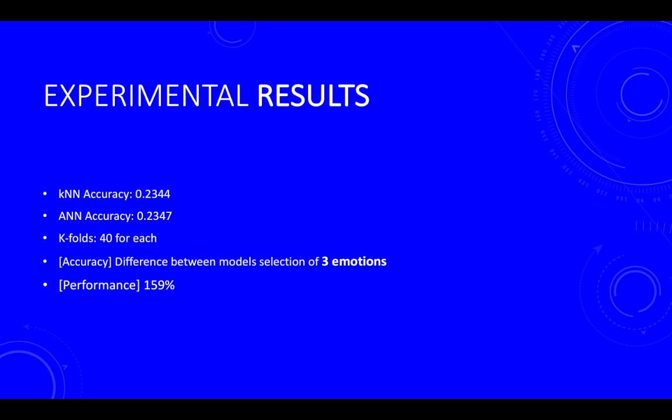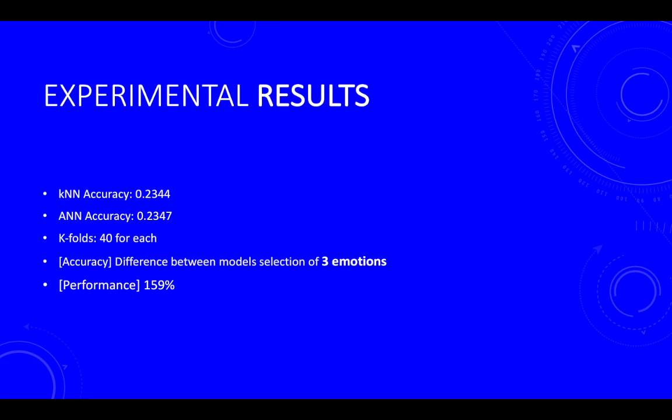So this is what happened when I did that. My accuracy on the K nearest neighbors was 0.2344, and my ANN accuracy was 0.2347. We're talking about 3/10,000ths of a difference. So what does that actually equate to in emotions that it correctly identified?